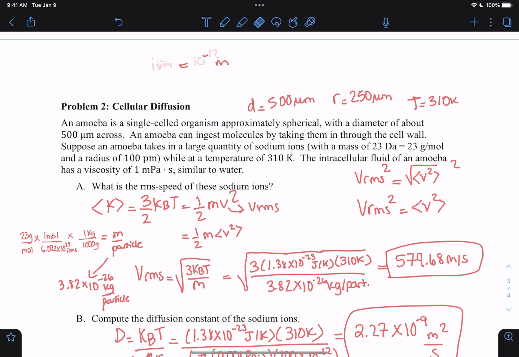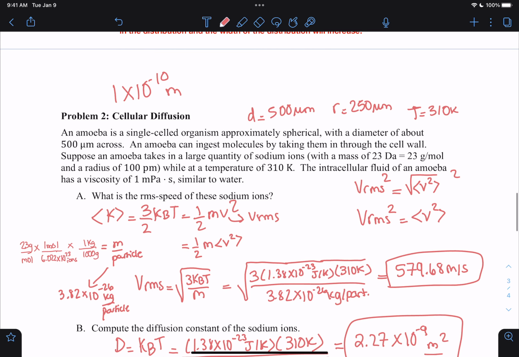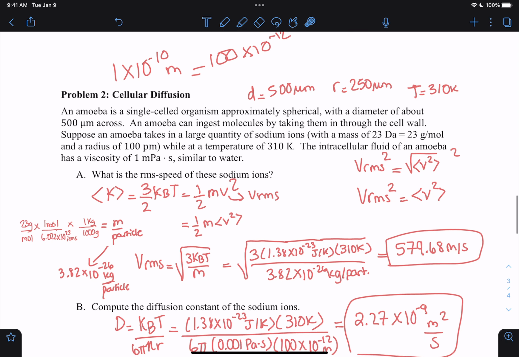But 100 picometers is also the same as 1 times 10 to the negative 10 meters, in proper scientific notation. That's the same as 100 times 10 to the negative 12, because if you move over 2 decimal points, this drops down to negative 10 instead of negative 12.